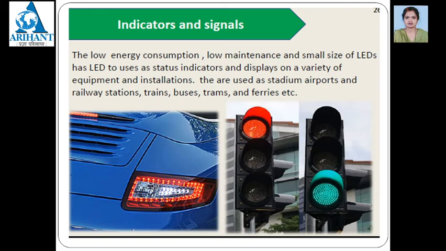Likewise, you can use LEDs for signaling. In the headlamps of vehicles, you can see many LEDs attached to make up the bulb. Because of low energy consumption, low maintenance and small size, LEDs can be used for status indicators and displays on a variety of equipment and installations.